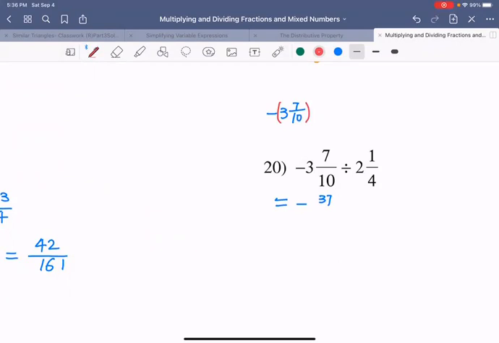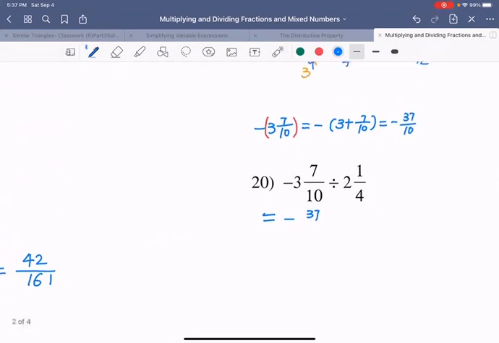So this is saying you have -3 plus 7 over 10, and this is -37 over 10. Don't confuse this. Think this way: this is not saying -3 plus +7 over 10. This is wrong, okay?